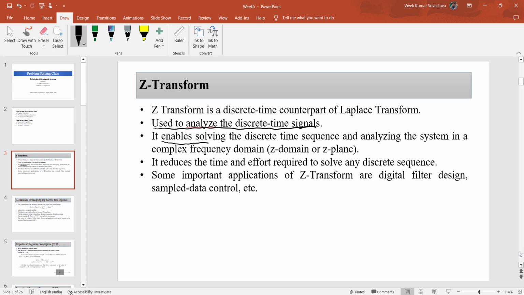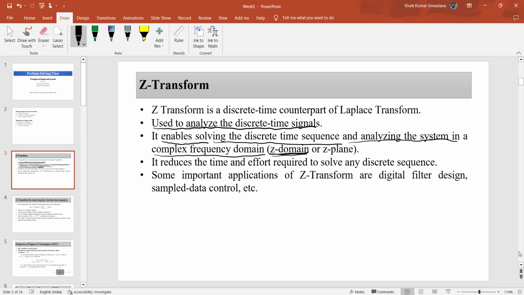In the Z transform, we are basically taking the discrete time sequence and analyzing the system in the complex frequency domain, which is also known as the Z domain. So we convert the time domain signal into the corresponding Z domain signal or sequence, and then analyze it.